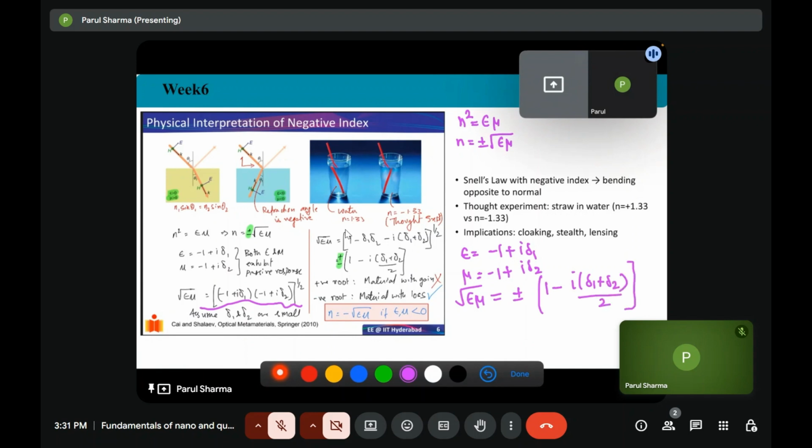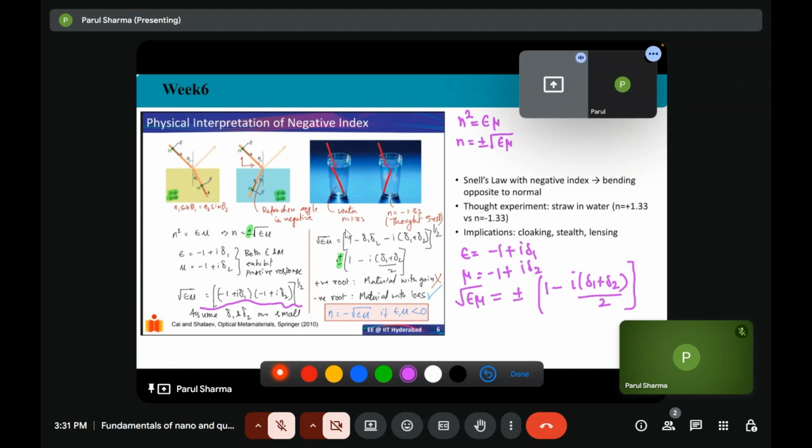So if I consider the positive root, what does it mean? A positive root means a material which has some gain, but there is no gain, right? So we can't consider the positive root, because I have a passive medium. If light is interacting with the medium, it can't amplify without any gain.